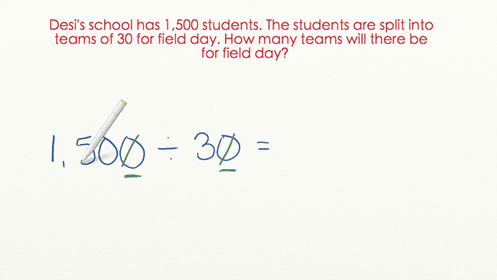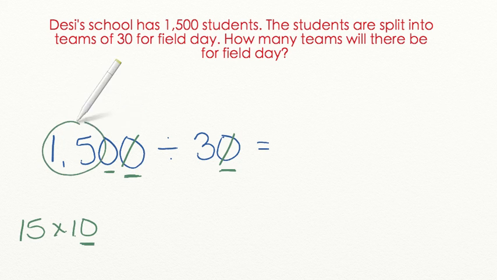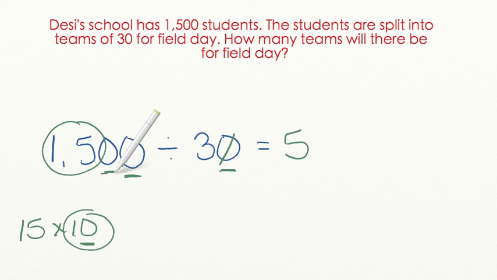So we know that 150 is 15 times 10 because 10 has 1 0 and 150 has 1 0. So what is 15 divided by 3? 15 divided by 3 equals 5. Now all we have to do is multiply that 5 times the 10, which is represented with that 0, and that gives us a value of 50. That means there are going to be 50 different teams for field day.